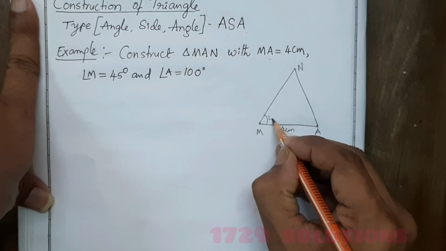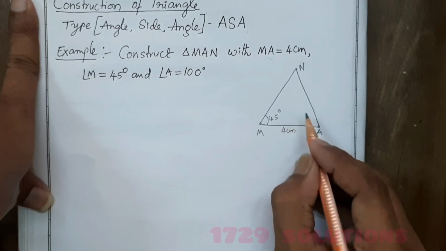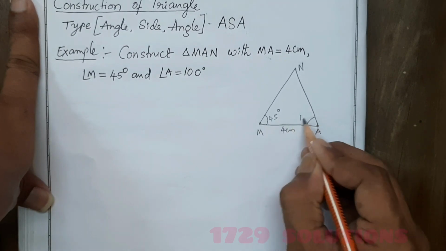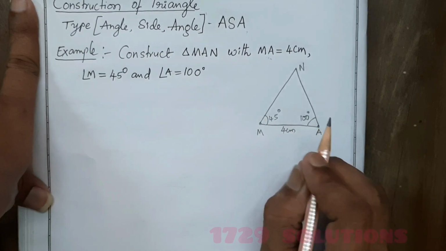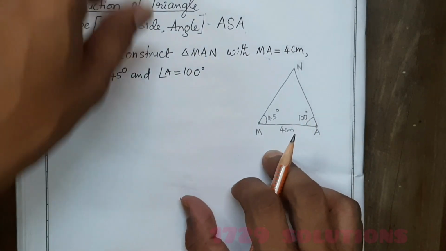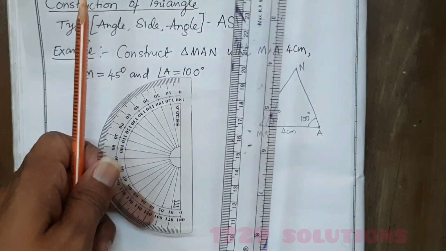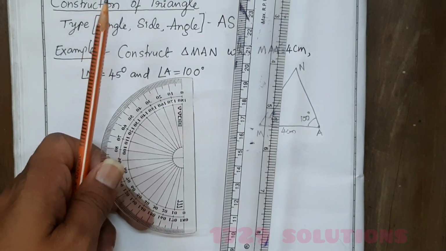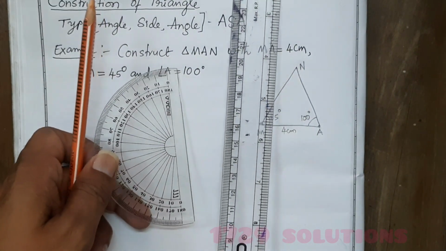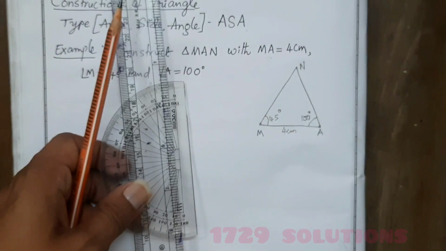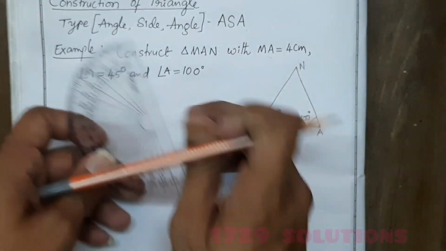And angle M is equal to 45 degrees, angle A is equal to 100 degrees. Now what are the tools we need in this construction: scale, protractor and pencil. In this we don't need any compass to draw the construction.